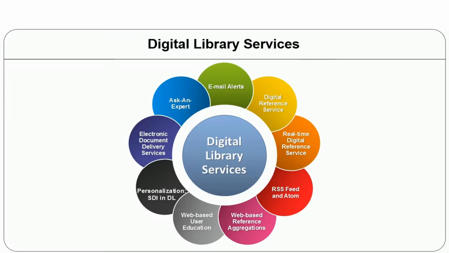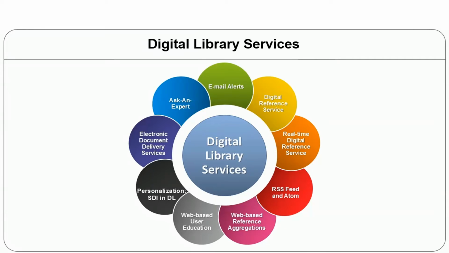Then digital reference services. There is a lot of reference material. So the normal, conventional, traditional reference service can be replaced with the digital reference service. Then a real-time digital reference service. That means the referenced material will be online, and that can be passed on to the prospective user.